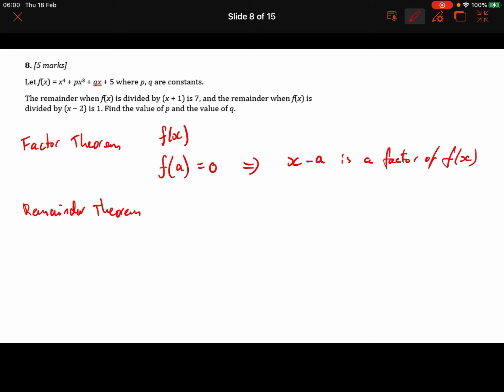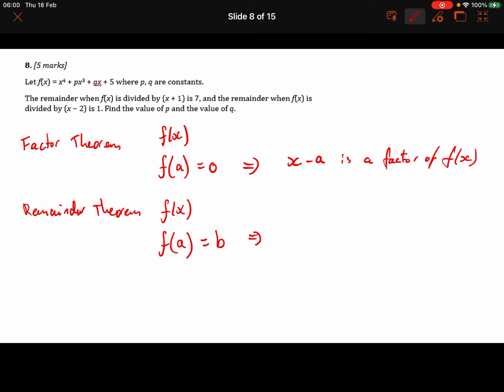The remainder theorem is just an extension of that fact. Again, if we have a function f of x, and we put a number into that function, say we put in a, and that doesn't give me 0, but actually gives me another number, okay?